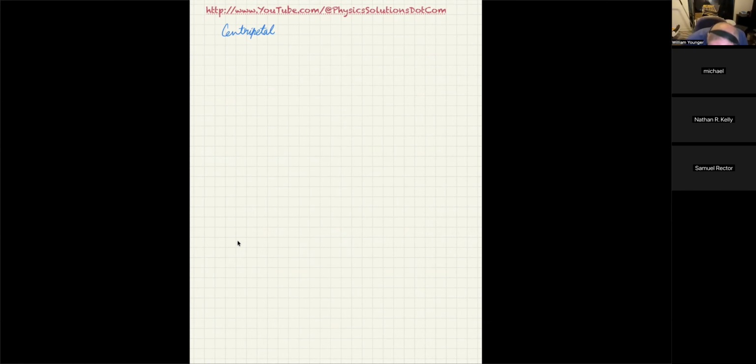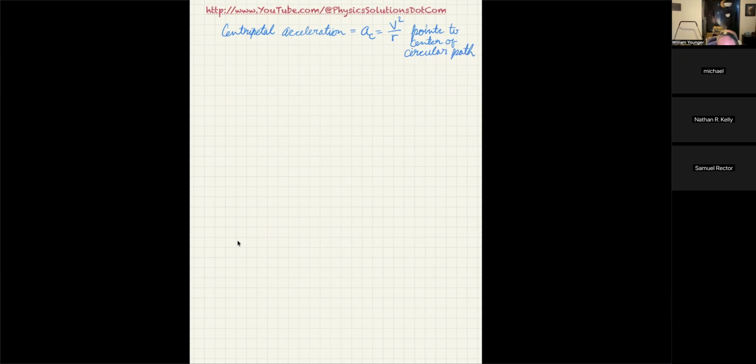So the centripetal acceleration is a sub c, and that's v squared over r, and that points to the center of the circular path.